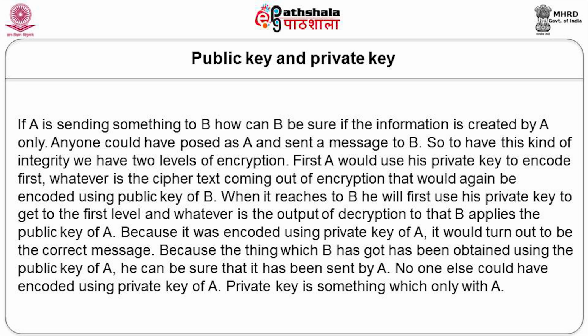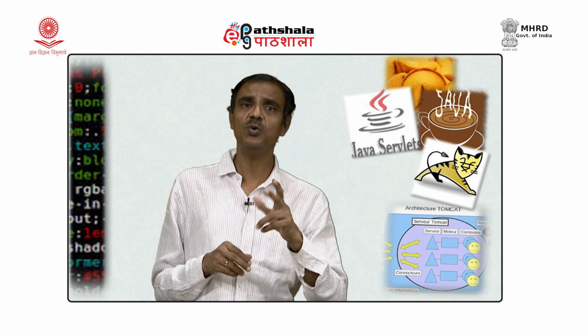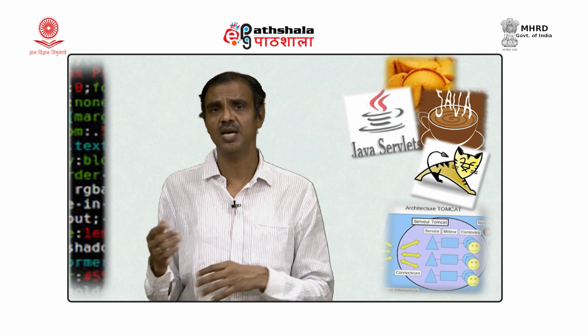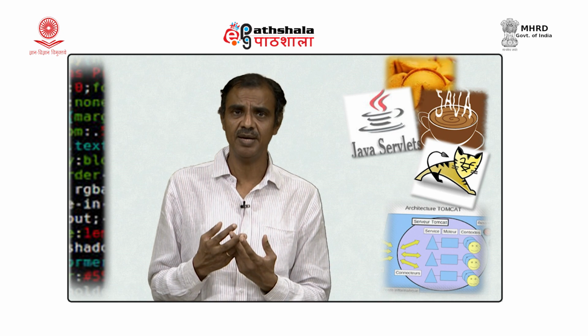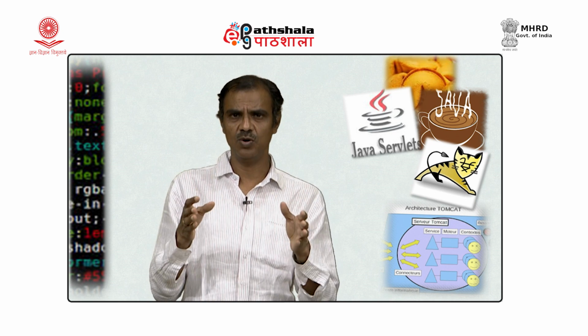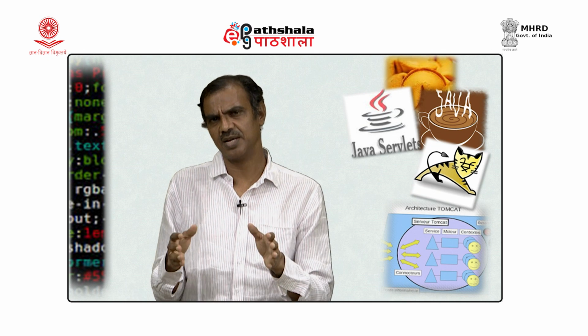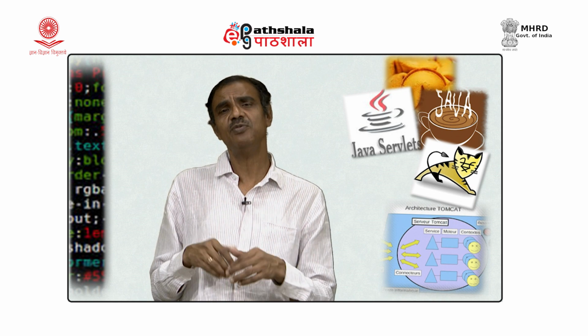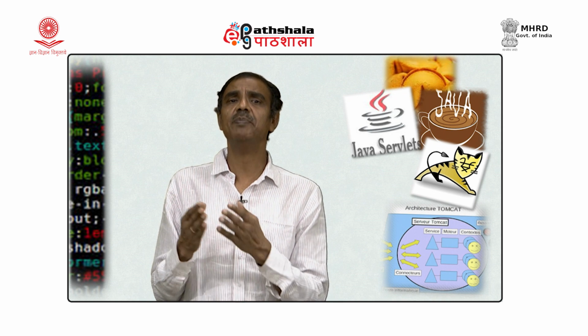Anyone could have posed as A and sent a message to B by using the public key of B. So, in order to have this kind of integrity, that this message comes from A only and no one else, we have two levels of encryption. If A wants to send a message to B, A would first use his private key to encode the message, and the cipher text which comes out of that encryption would again be encoded using the public key of B.